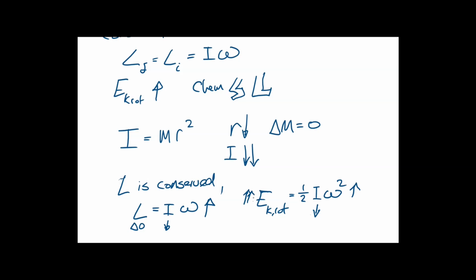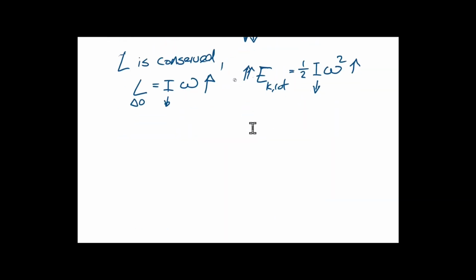So momentum is conserved, mass is conserved, energy is still conserved, but it's converted from chemical energy to linear kinetic energy to rotational kinetic energy in this case. It's a nice question. So let's do a little bit of a thing there.